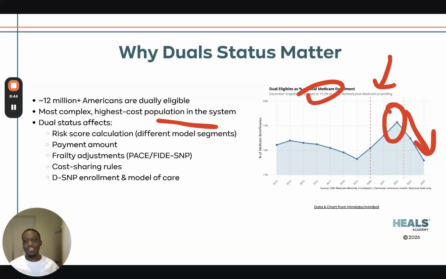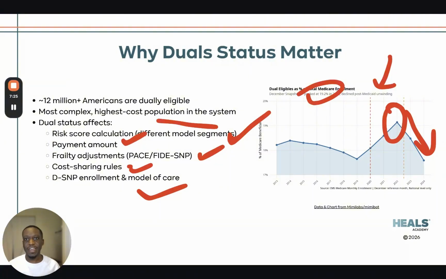And the dual status affects risk score calculation depending on the model segment. It affects the payment amount because of the model segment that the dual beneficiary may fall into. It affects the frailty adjustment for PACE and also for SNP. So knowing the dual status also affects that part of your overall capitation payment. And then cost sharing rules, and then enrollment into D-SNPs, which are dual SNPs.